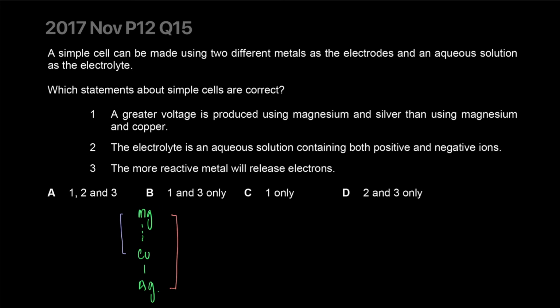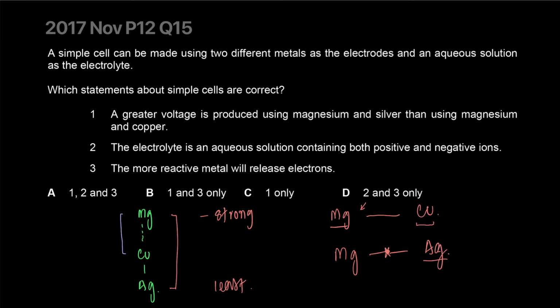So think of it as a tug of war where you have the most reactive element being the strongest tug of war player and the least reactive being the least strong, right? So magnesium versus copper, magnesium will win definitely, but copper might still give magnesium some bit of fight compared to when magnesium fights with silver, because silver is even weaker than copper.